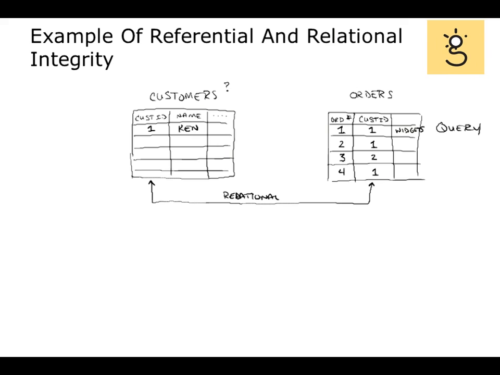Okay, so now, what happens if we delete this customer? Well, what's going to happen is now when we start doing queries against the orders, we're going to start seeing these customers, and we're going to try to relate it back to the customer table, and there won't be any entries, right, if I delete it.